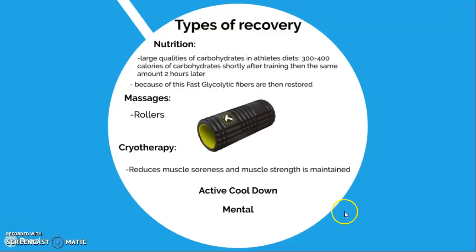It is important that an athlete takes in a large amount of calories, carbohydrates that they would have lost during the exercise, straight after they finished. And this is to ensure that fast glycolytic fibers are being restored. So they mainly say about 300 to 400 calories of carbohydrates, and also not just straight after training but days after, ensuring that your carbohydrate levels are completely restored.